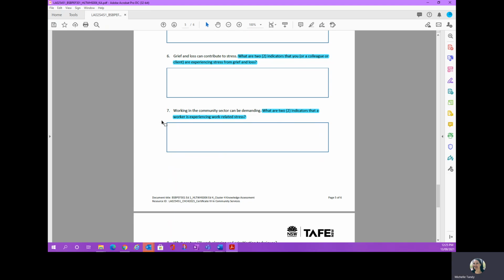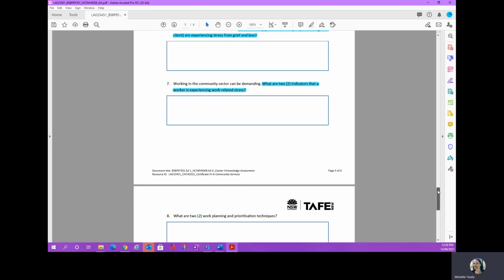So try to avoid the use of, well, I have experienced it when I have had headaches and things like that. We don't want that personal aspect of your work-related stress, but it might be one of the indicators as a whole. As for most people, headaches might be one example. That would be all you'd need to write. We don't need that personal reflection here.